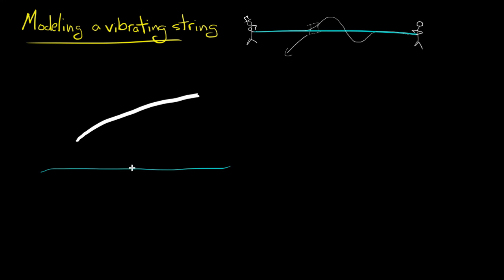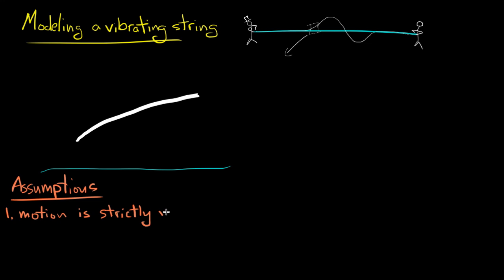Now I told you we'd keep track of our assumptions, so let me keep that promise. Let's make a little list of all the assumptions that we make as we go. So the one we just made is that the motion of the string is strictly vertical. No horizontal displacement at all.